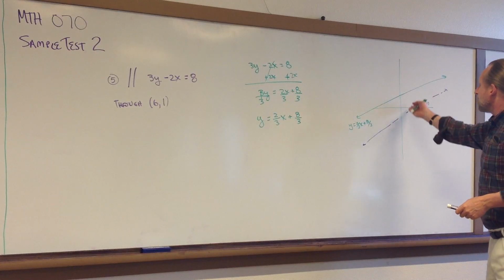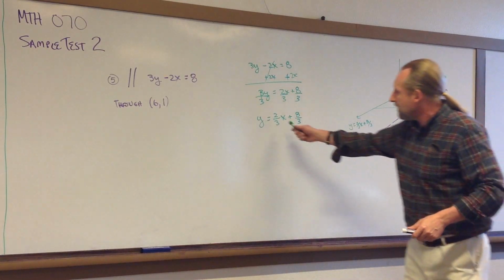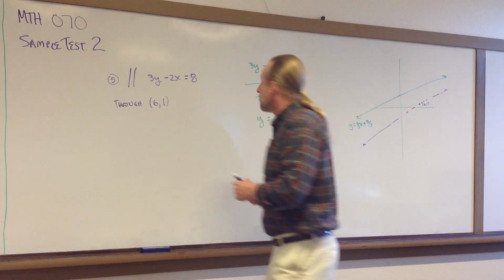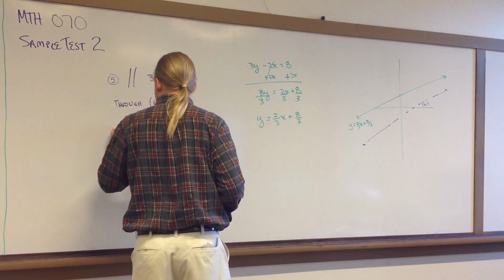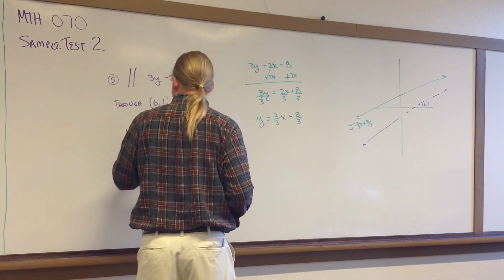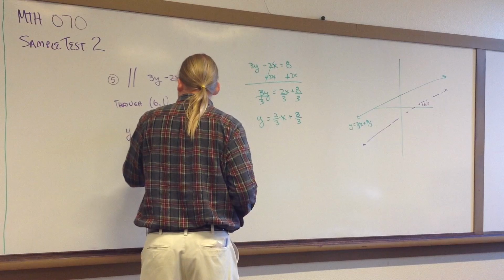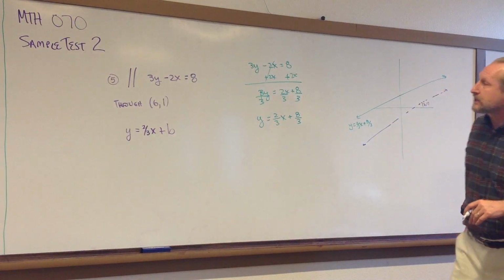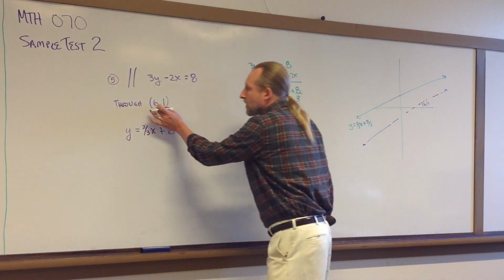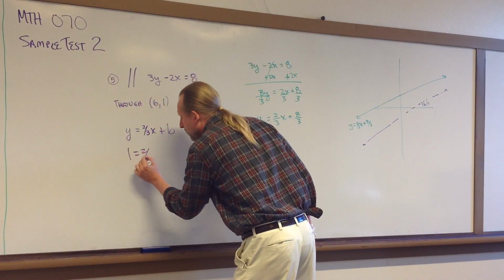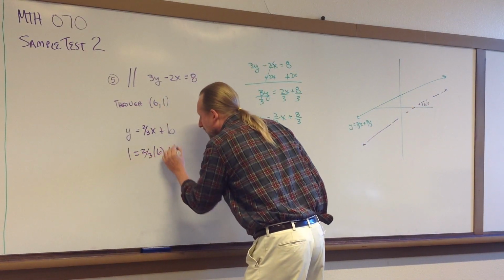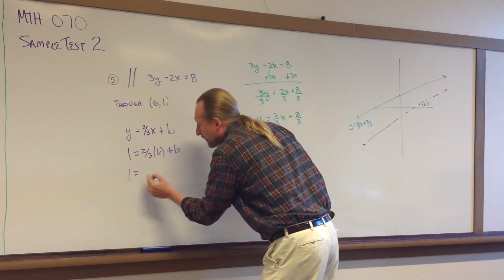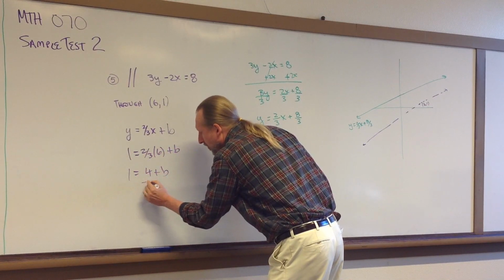So again, if these lines are parallel, they're going to have the same slope. So the purple line that we're interested in is going to be in the form y equals 2/3 x plus b, and we need to find out what the y-intercept is. So to do that, plug in the 1 for the y and the 6 for the x. Let's see, 2/3 times 6 is 4.